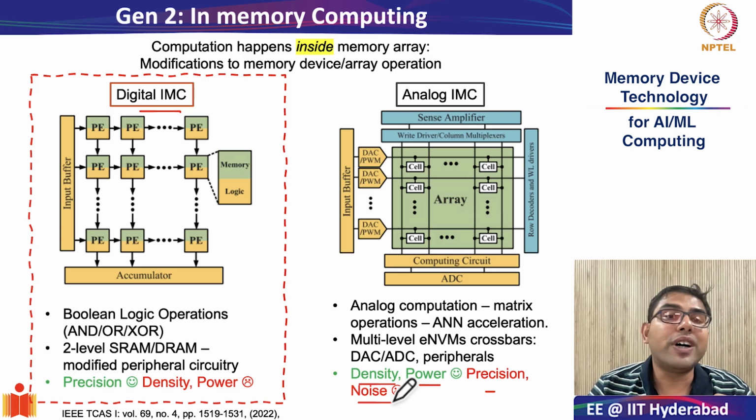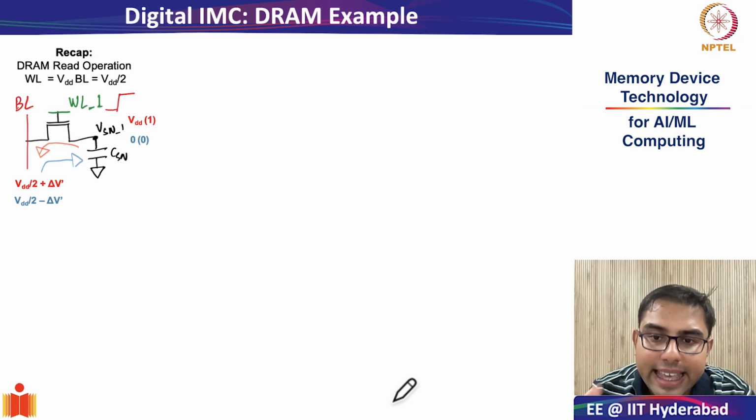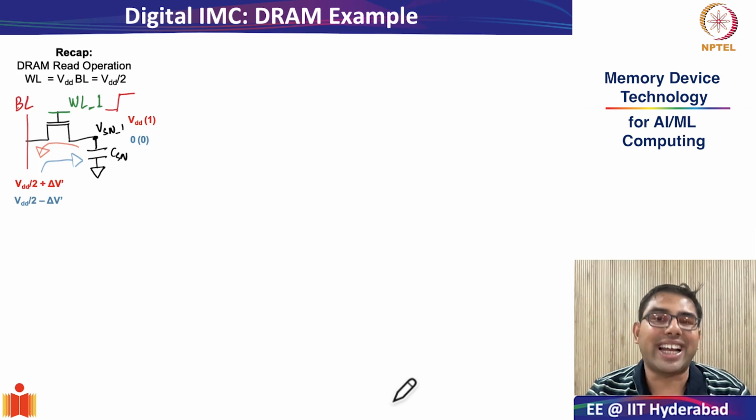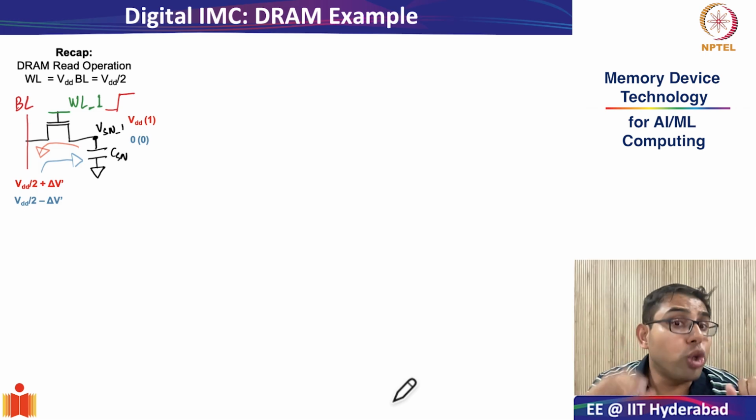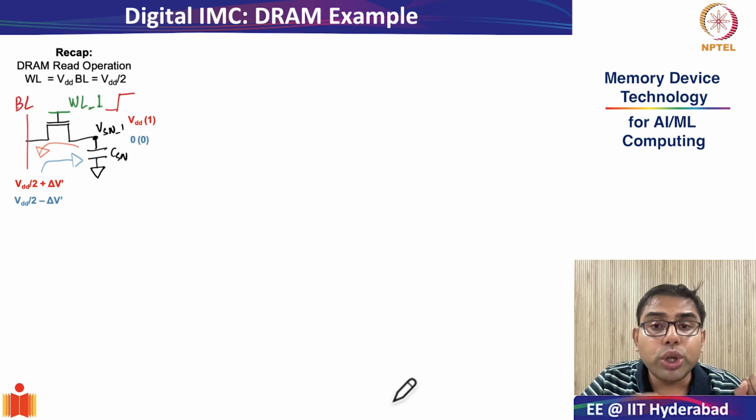So let's first see how conventional memory such as DRAM can be tweaked only at the peripheral architecture and biasing scheme. You are not really changing the architecture of your DRAM cell. You are just biasing it in different ways to completely change the operation of the DRAM.